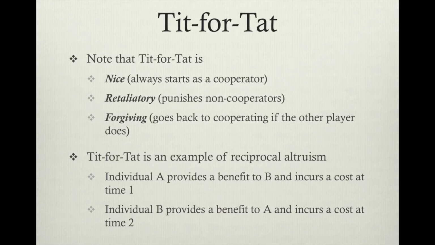Tit for tat is an example of reciprocal altruism. Individual A provides benefit to individual B at time 1 and incurs a cost. Individual B provides benefit to individual A and incurs a cost at time 2. They both take on those roles. They both assume the costs. They both assume the benefits. It's just asynchronous in time.